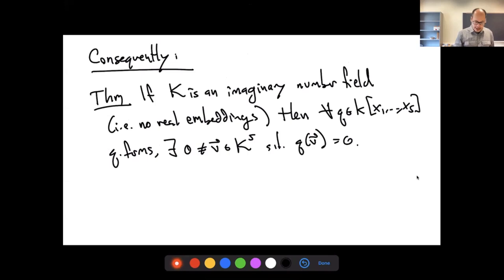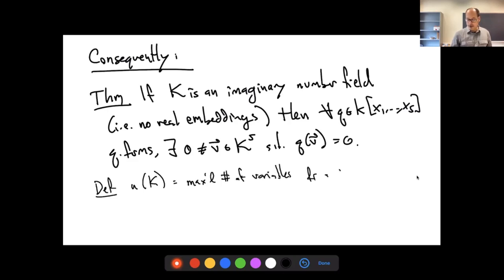To keep track of this, one often describes the U invariant of a field. The U invariant of a field is the maximal number of variables for a quadratic form with no non-trivial zeros.